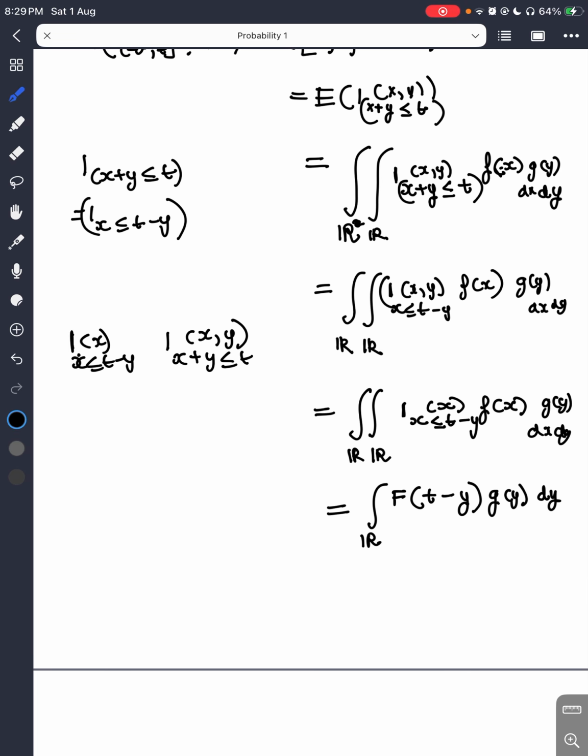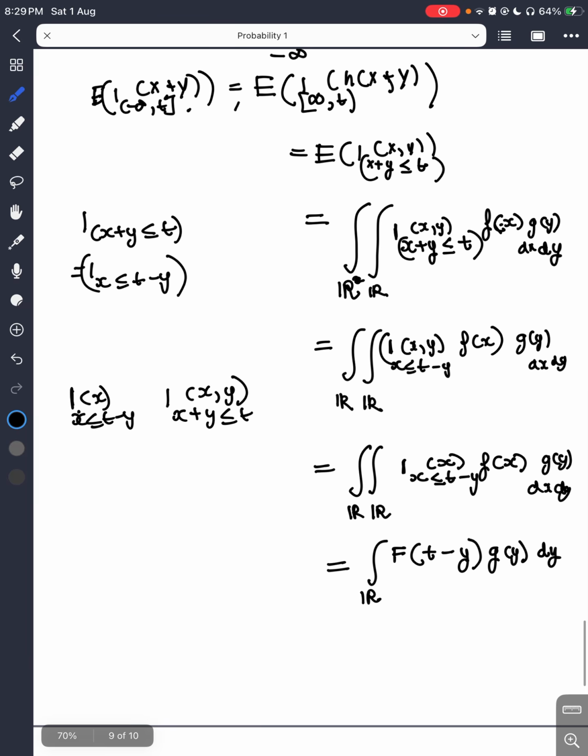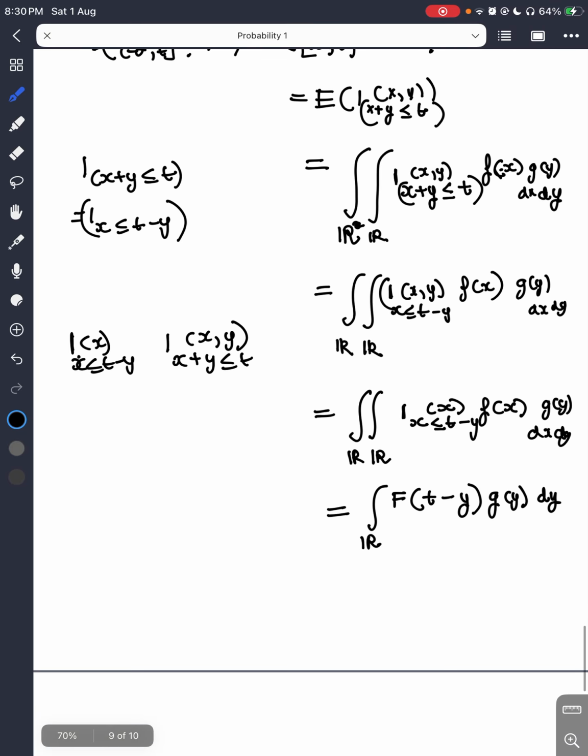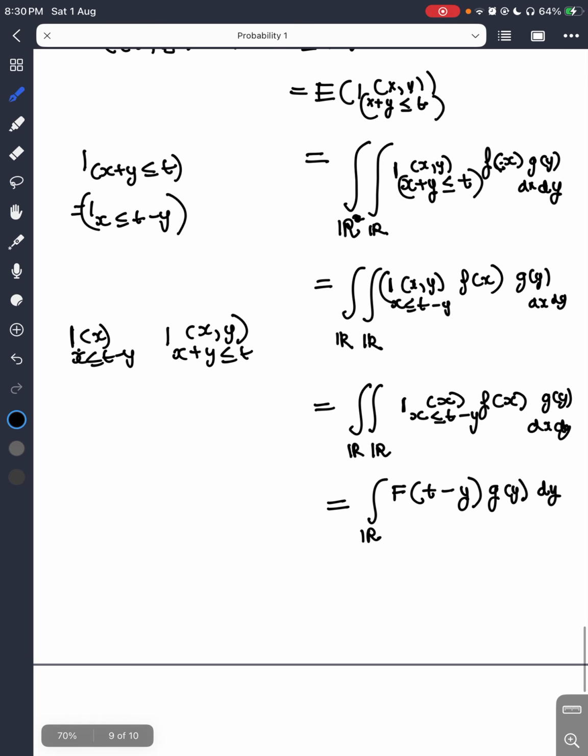So we get this expression up till now: the integral over R of F of t minus y, g of y dy. Setting G of t equal to F of t minus y, this is still a CDF.